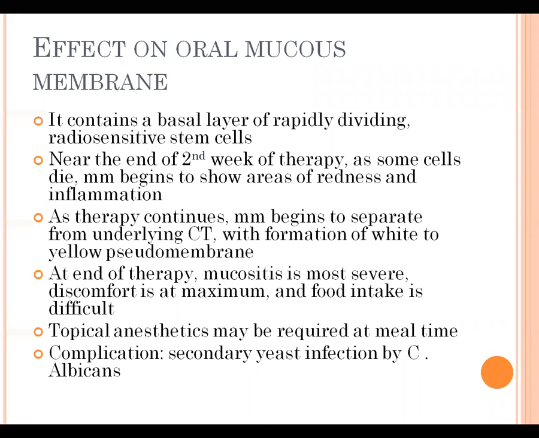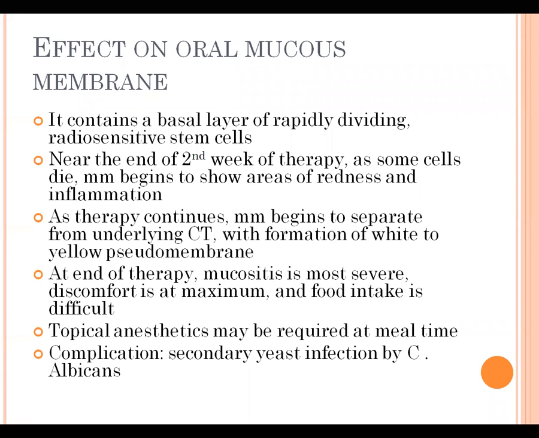So the effect on the oral mucous membrane. Everybody knows the mucous membrane is covered with the epithelial lining. It contains a basal layer of rapidly dividing cells, which are radiosensitive stem cells.